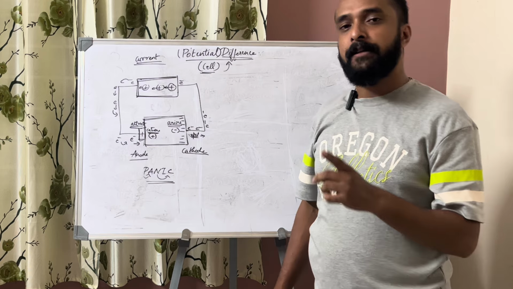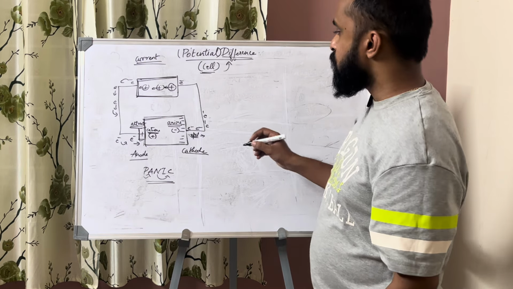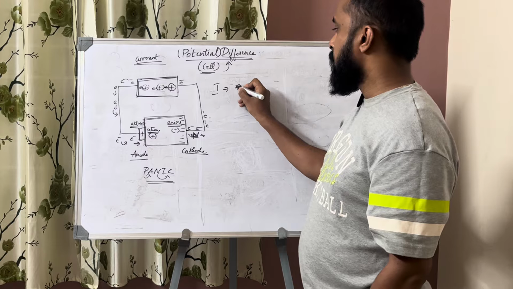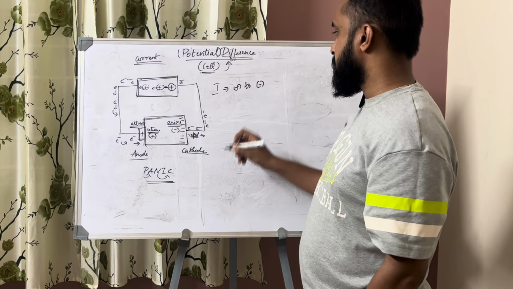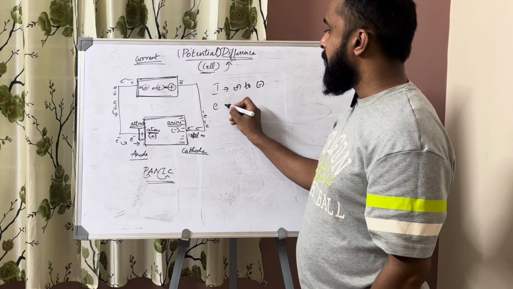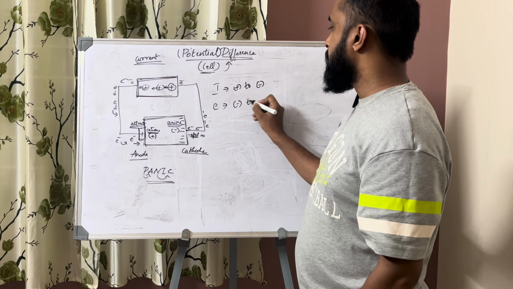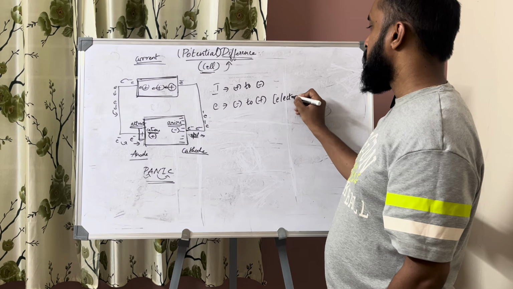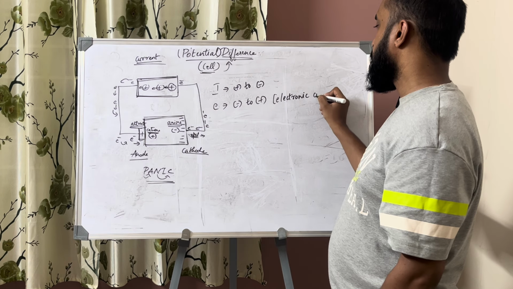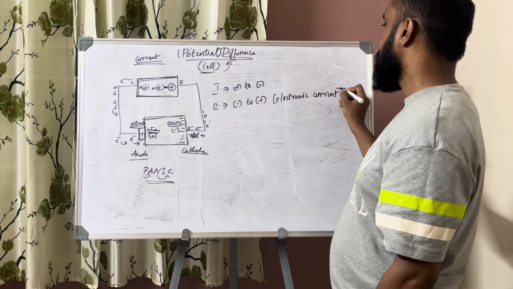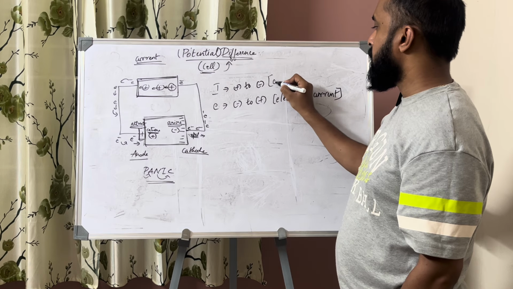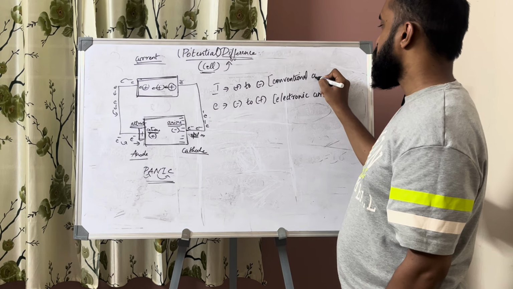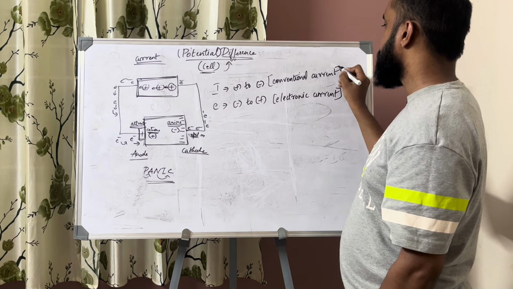Whenever you mark the direction of current, the direction of current is taken from positive to negative, and the direction of electrons is taken from negative to positive. This is what we call electronic current, and this is what we call conventional current.